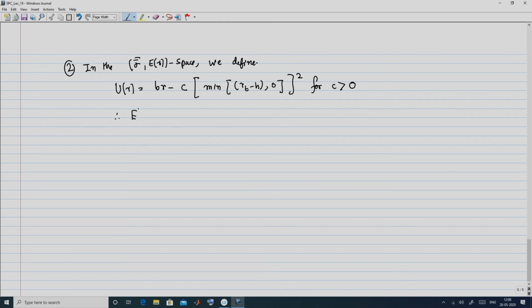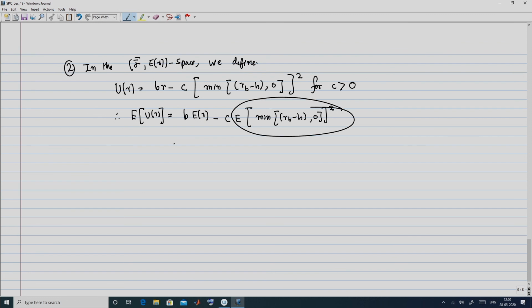Therefore, what is going to be the expected utility of this? This again is going to be B of ER minus C times the expectation of the minimum of RT minus H comma 0, squared. And remember, this by definition is the semi deviation.